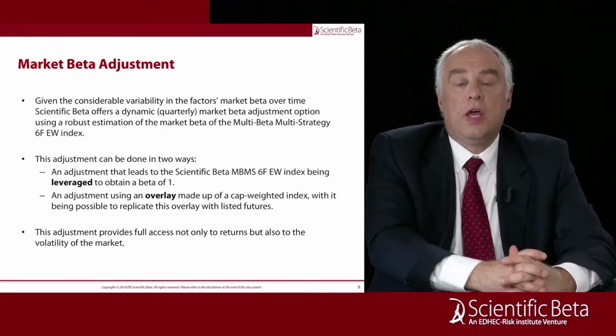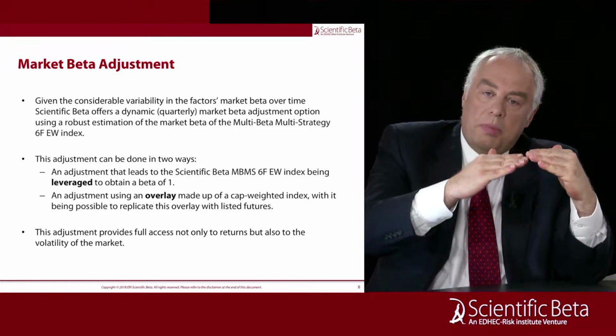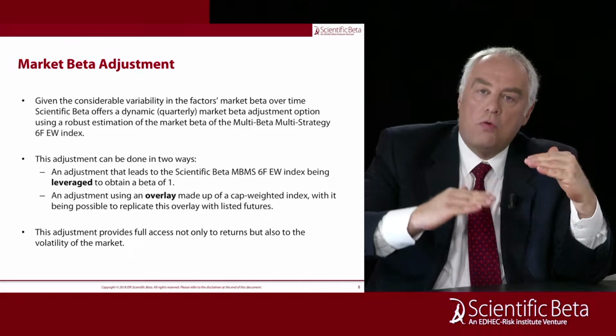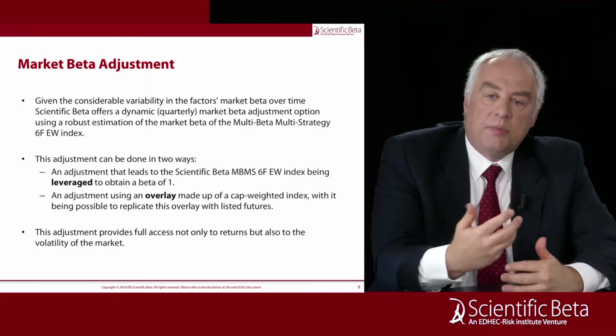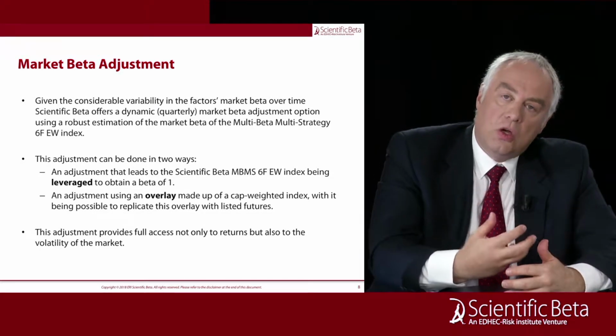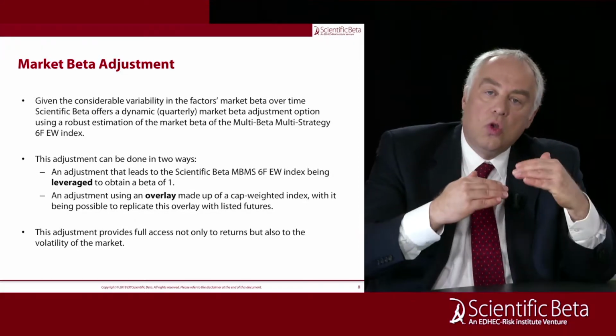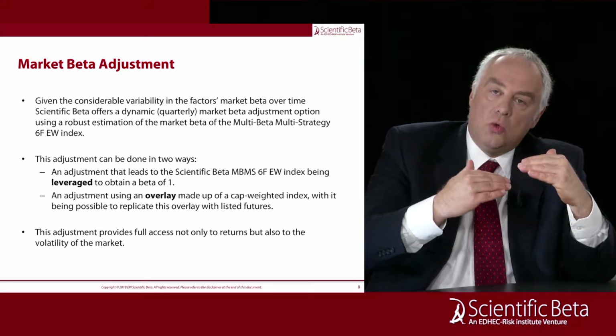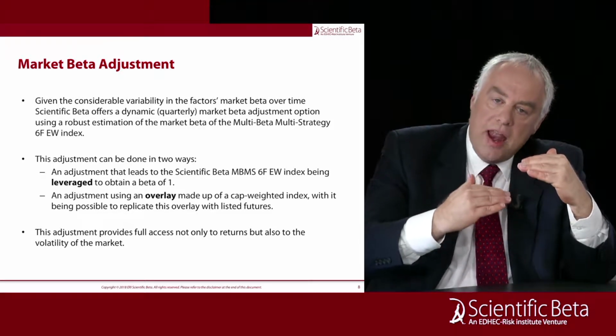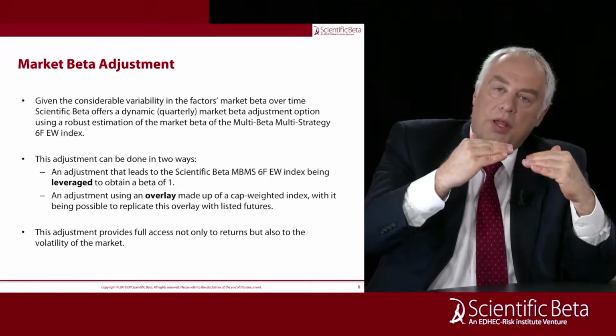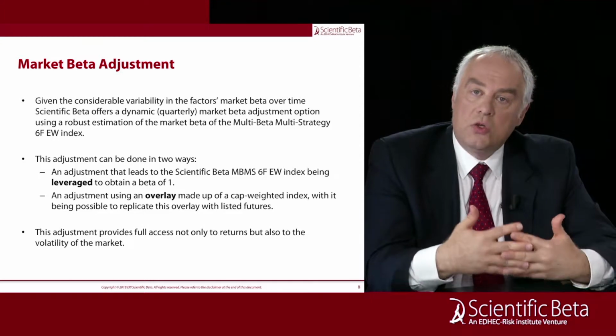What we've observed is that the market beta tends to be below 1 and it varies over time. So we have developed techniques to be able to measure what the market beta is for a particular strategy. Once you know what that market beta is, you often need to leverage that portfolio to bring it up to a market beta of 1. You need to adjust it.